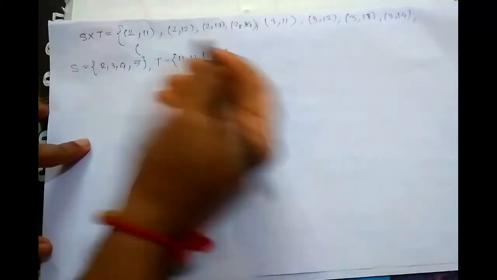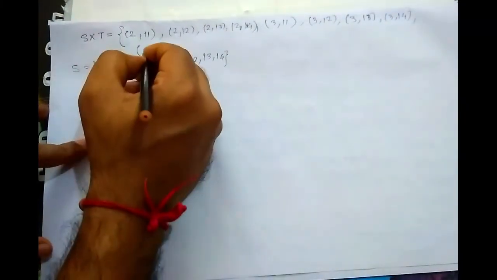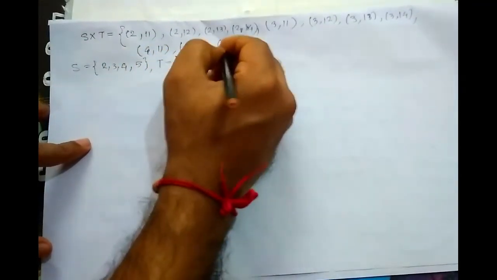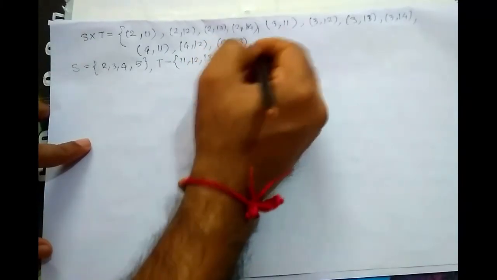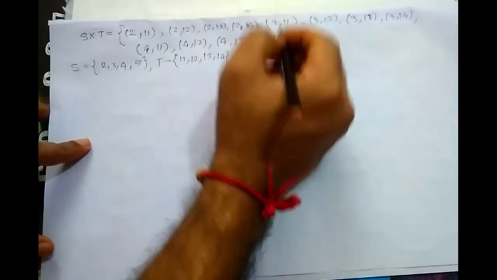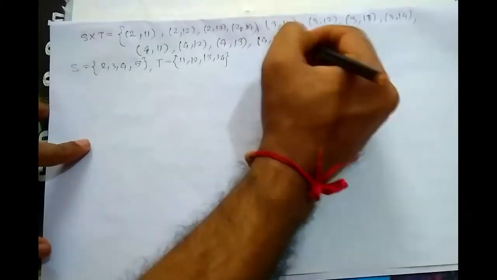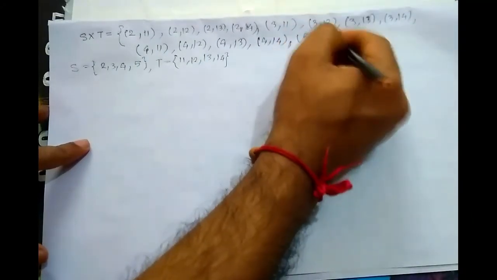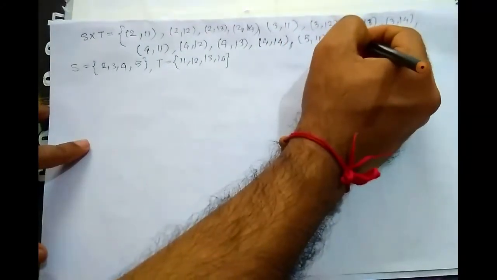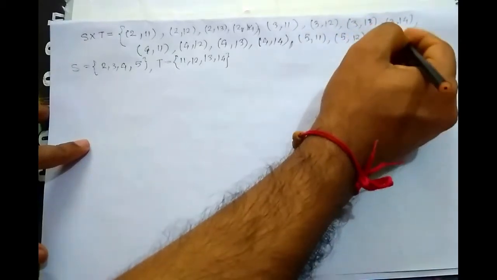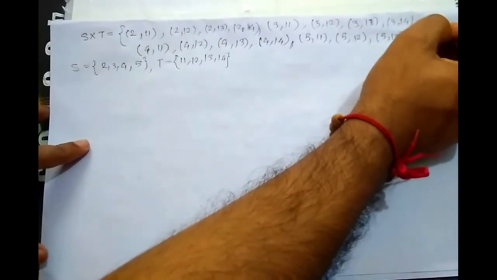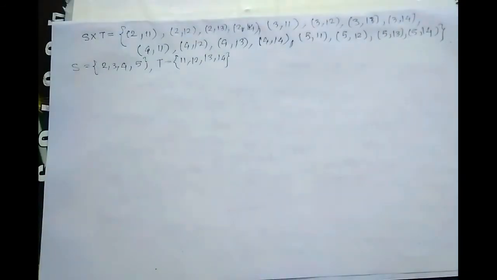Now 4: (4, 11), (4, 12), (4, 13), (4, 14). And at last 5: (5, 11), (5, 12), (5, 13) and (5, 14). So this is my complete list of elements of the Cartesian product S cross T.